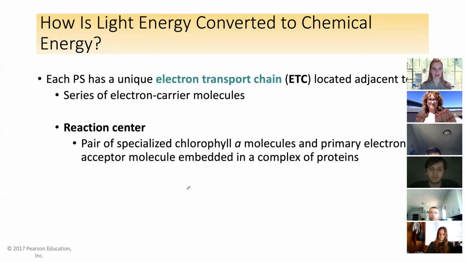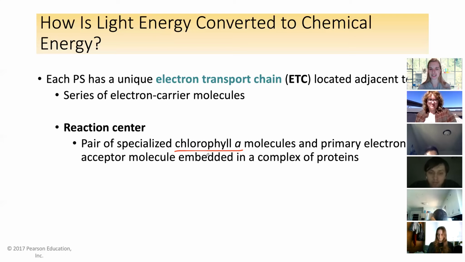Within our thylakoids, we have these areas known as reaction centers, where there are these very specialized chlorophyll A molecules that are able to do a little bit more than your typical chlorophyll.